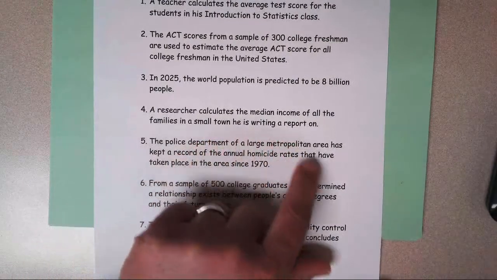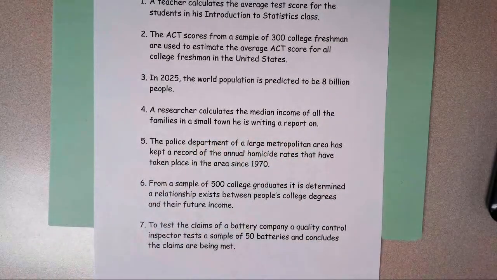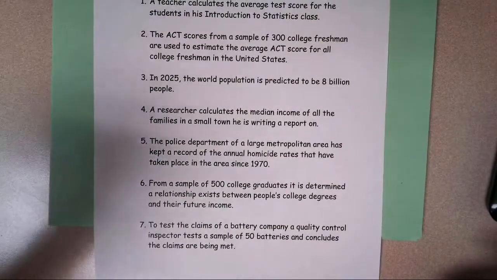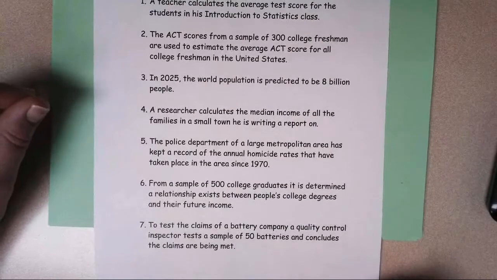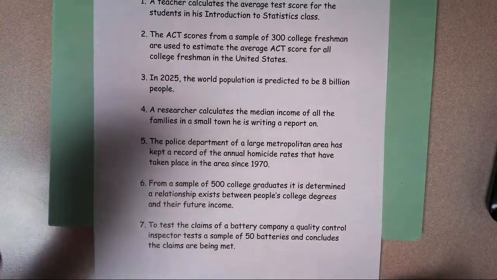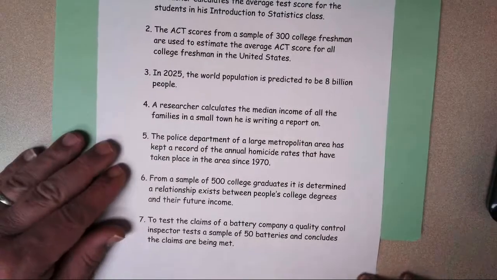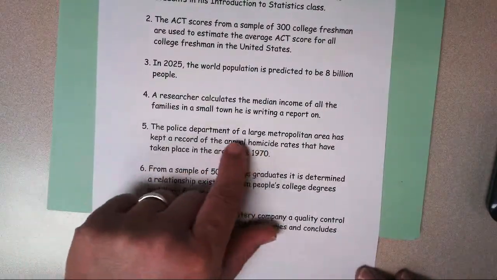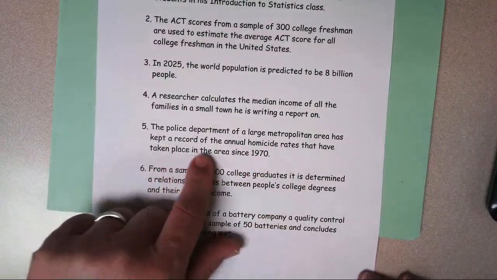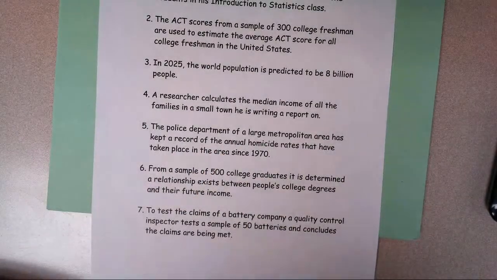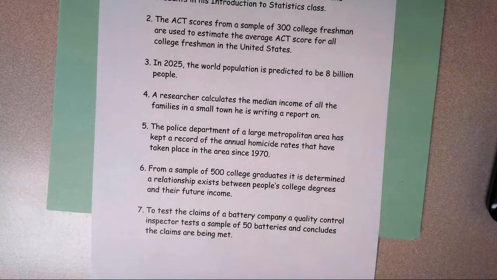A researcher calculates the median income of all the families in a small town he's writing a report on. That's descriptive. Mean, median, mode, any of those numbers that you calculate to describe the data set in some way are examples of descriptive statistics. The police department of a large metropolitan area has kept a record of the annual homicide rates in the area since 1970. Again, that's descriptive.